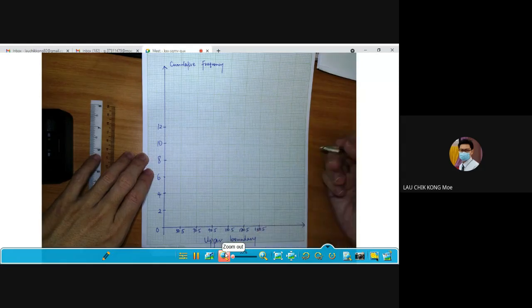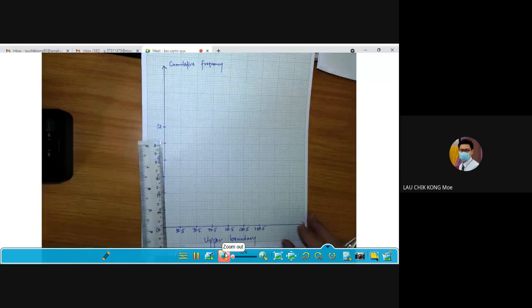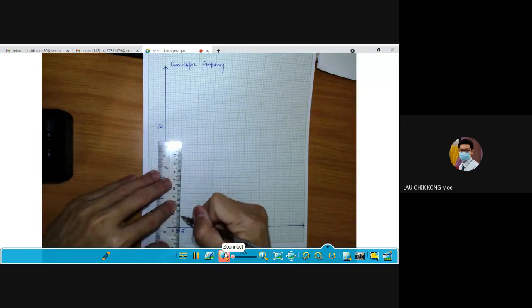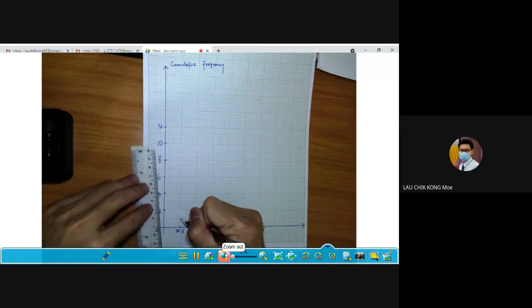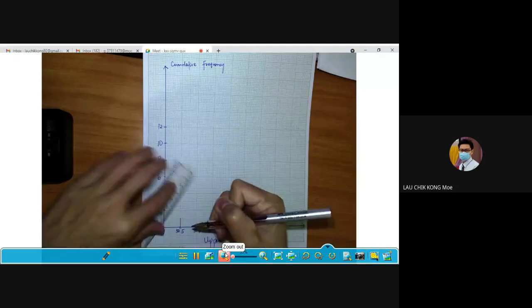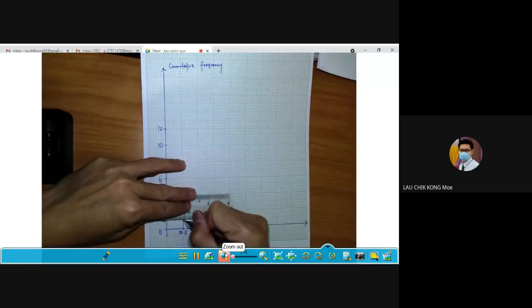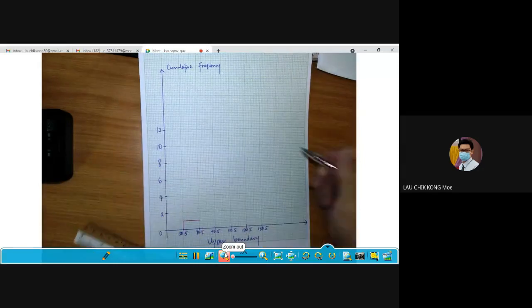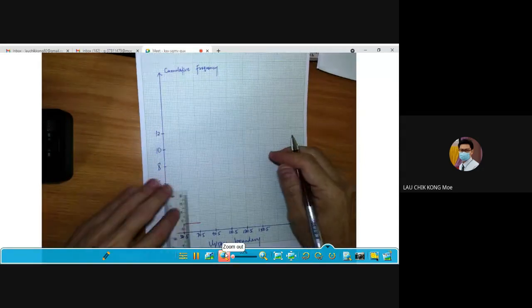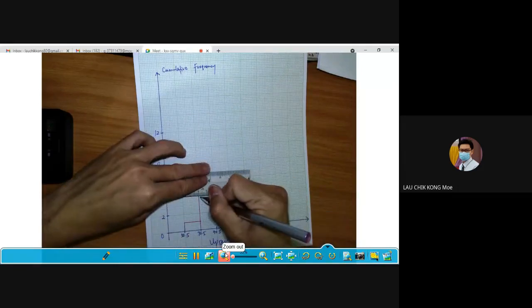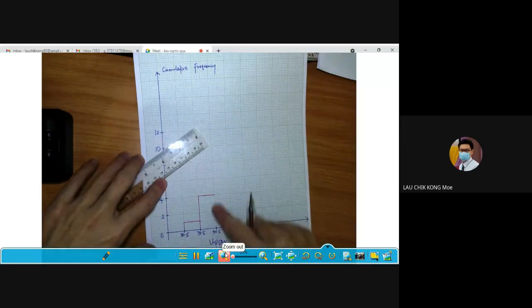Actually we need to draw the cumulative histogram, right? So for the cumulative histogram we use the upper boundary. Okay, so cumulative frequency is 1, is here, half. Okay, kita lukis bar seperti biasa lah. Okay, this is a 1. After 1 is 4. Ini tak perlu dulu sebab dia naik lagi kan.